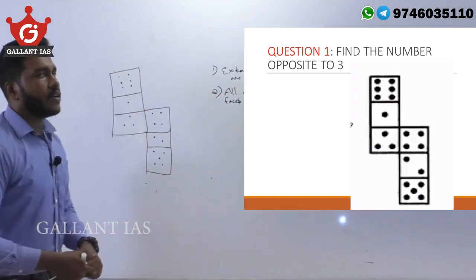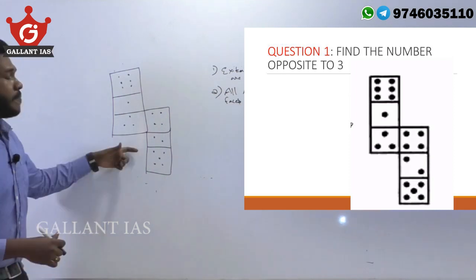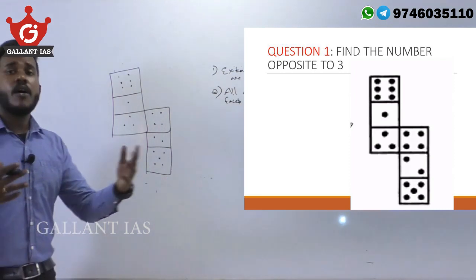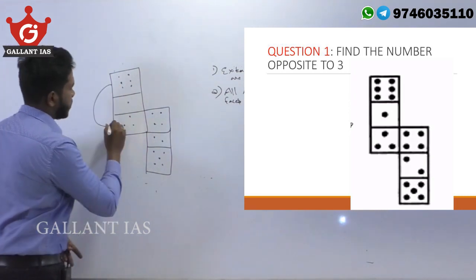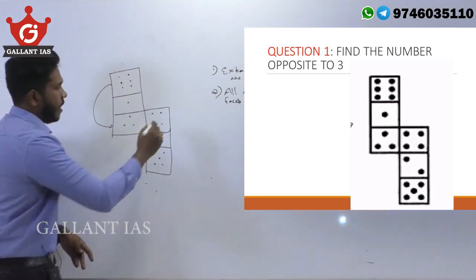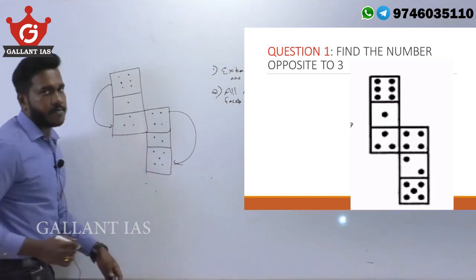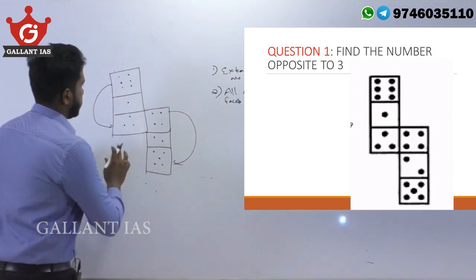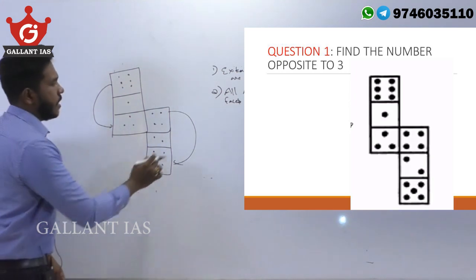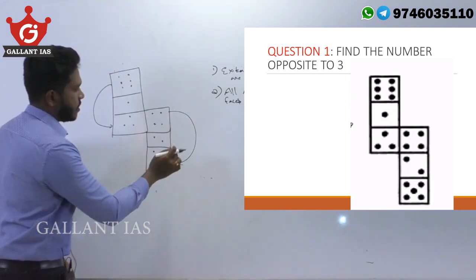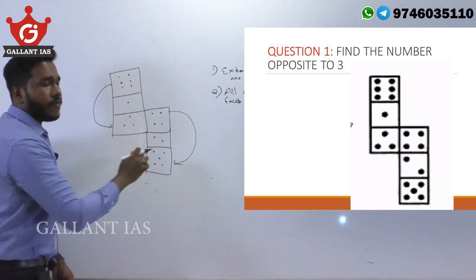So which property are we going to apply here? We can only apply the second property, that is the alternative faces property. Here these two faces will be alternate, and these two faces will be alternative pairs. So the face containing 6 is alternative to the face containing 3, and the face containing 4 is alternative to the face containing 5.